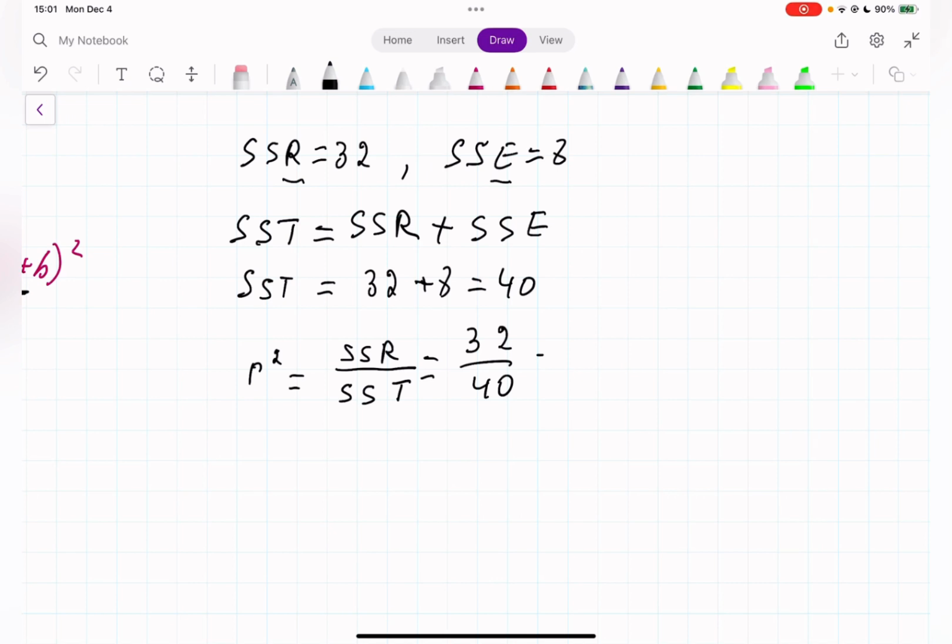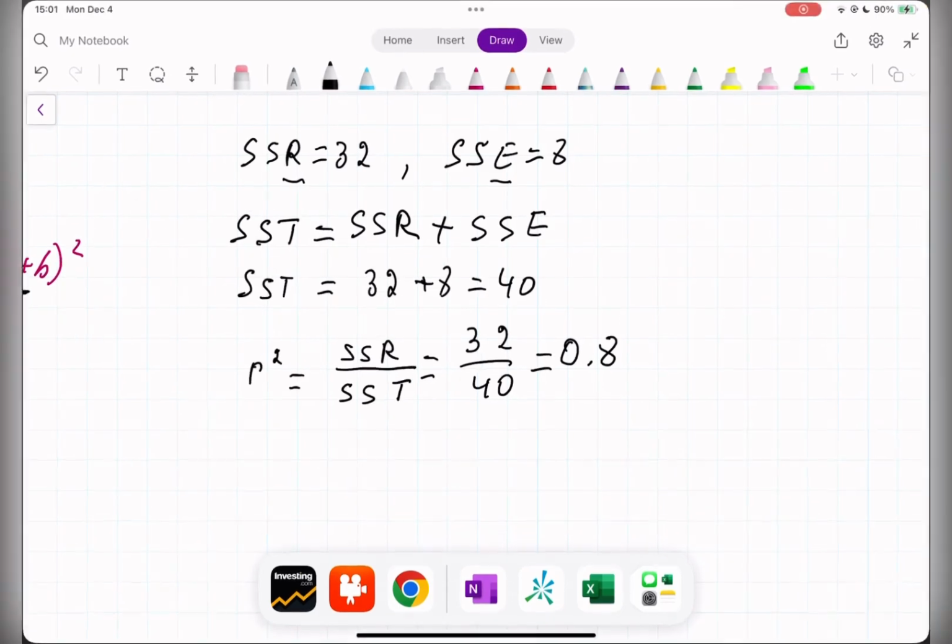So how much is it going to be? 32 by 40 is 0.8. So let me put the answer 0.8.